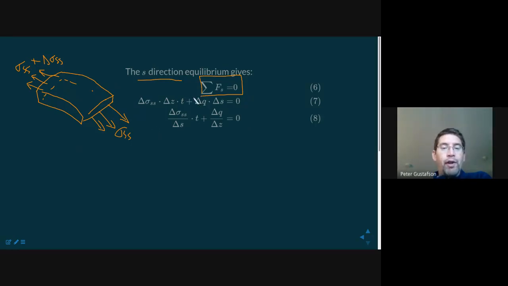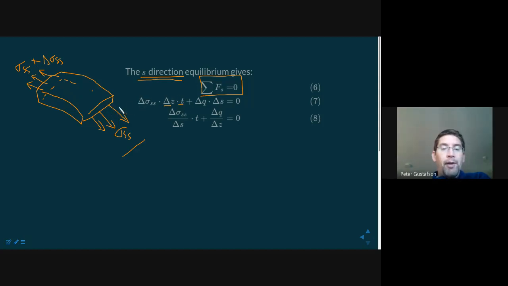So those are going to contribute to the s direction forces. That times its area, which is delta z times t. So it's this length times the thickness. So that's where we're getting this differential force from.